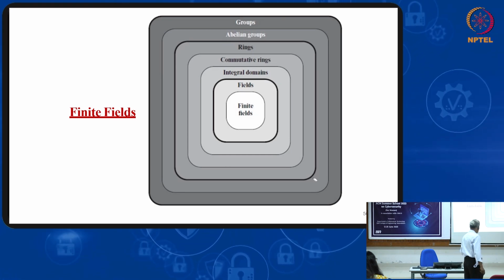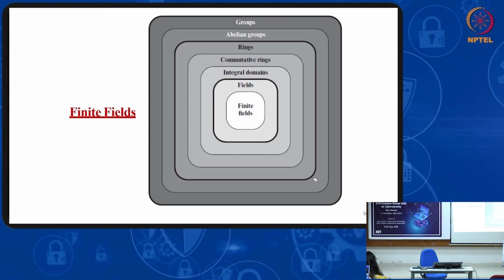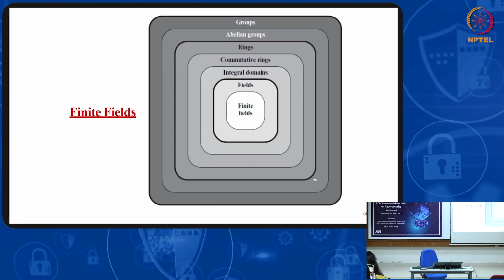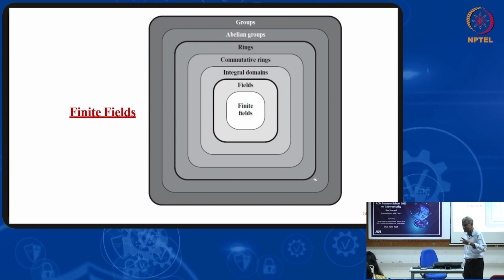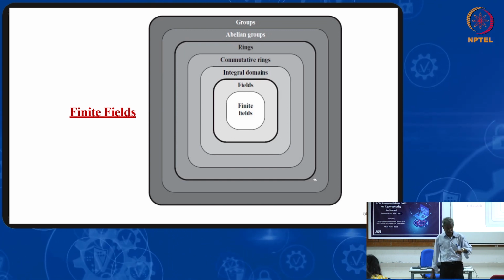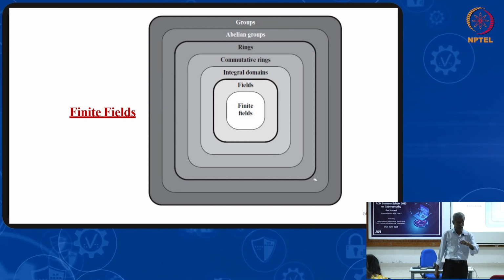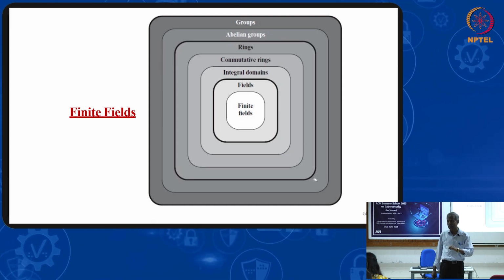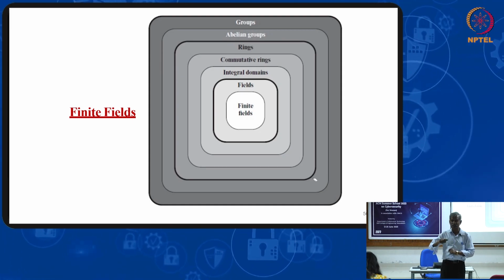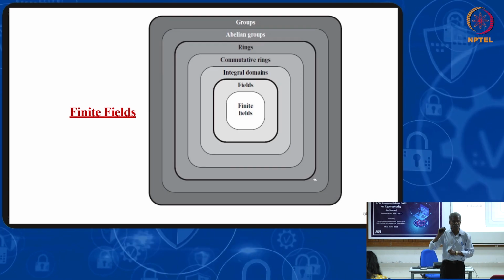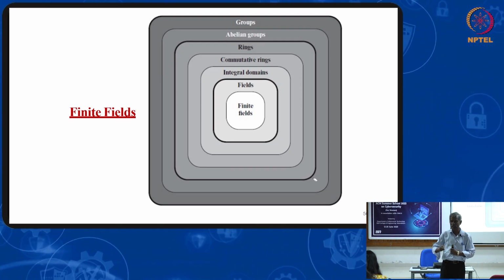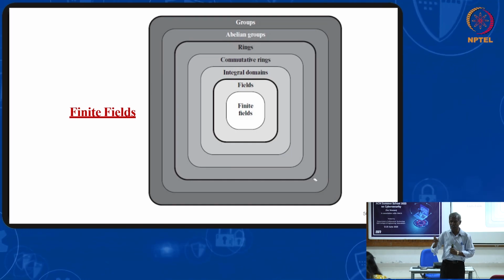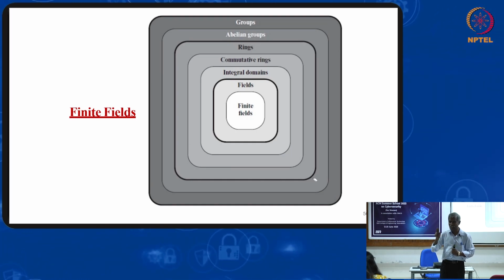The superset is group. The group will be satisfying 4 properties. First, you have to start with the algebraic structure. A non-empty set G with a binary operator star is said to be a group if it satisfies 4 axioms: closure property, associative property, inverse existence, and identity existence.